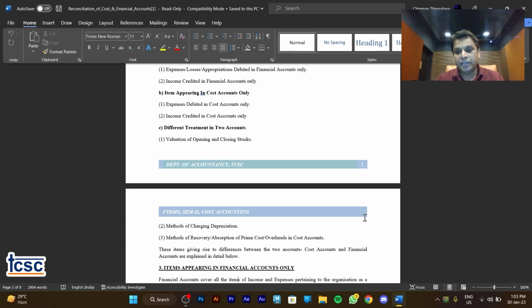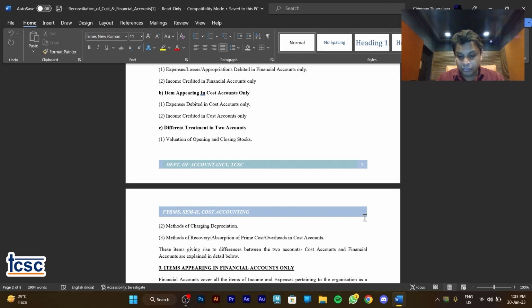And because of that, the impact will be on profit. So again, because of these two methods, my closing stock will be different, and ultimately that impact is going to be shown on the profit. So this is another reason why my cost book is showing a different profit and my finance book is showing a different profit.